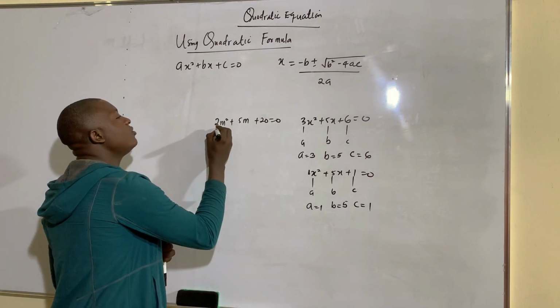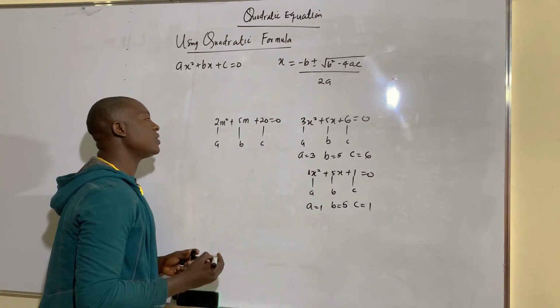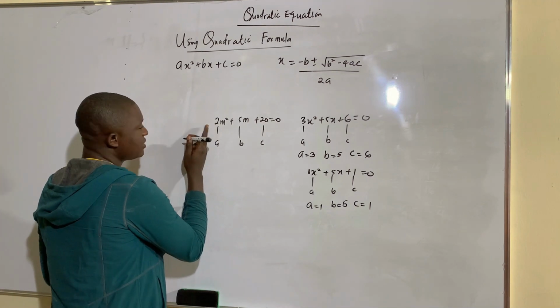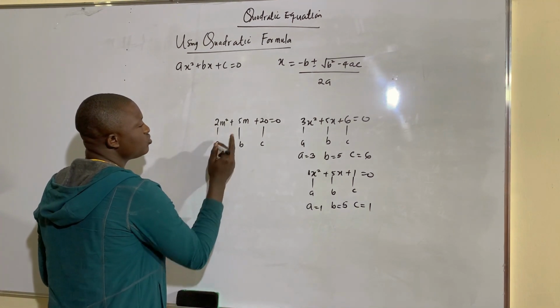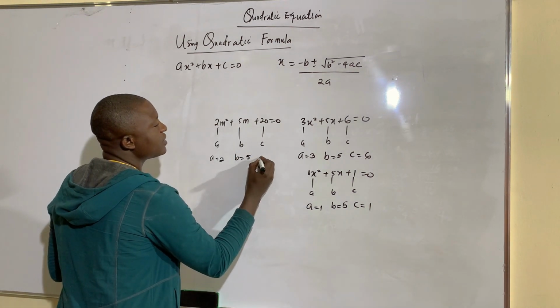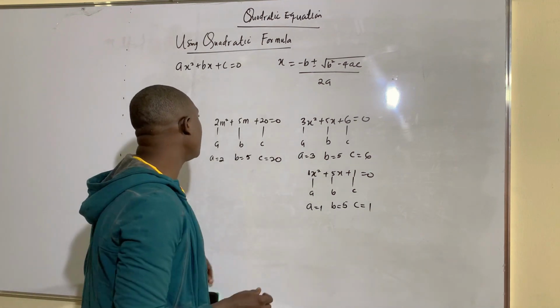So here, I can evaluate my a, my b, and my c. The number we have beside m squared is 2, so our a is equal to 2, our b is equal to 5, and at the same time our c is equal to 20. That's how we'll be evaluating the values one after the other.